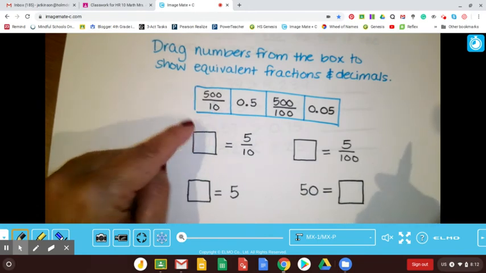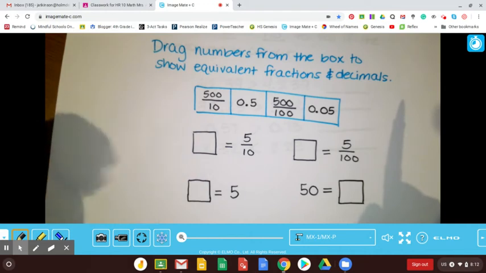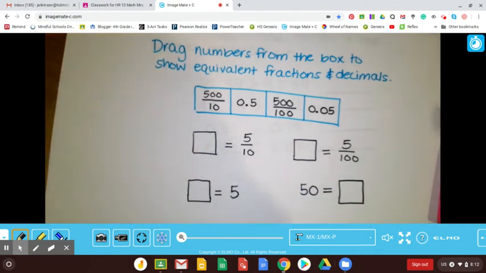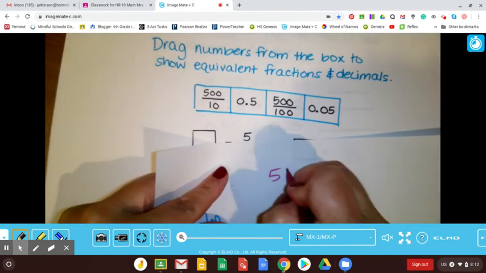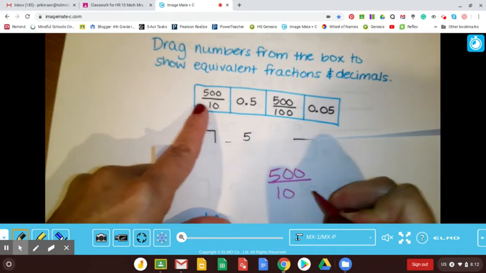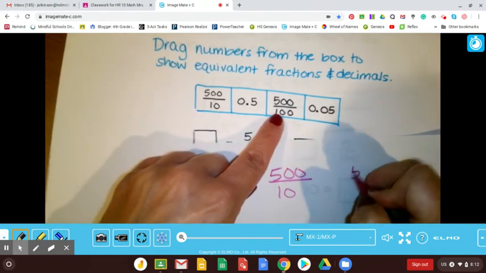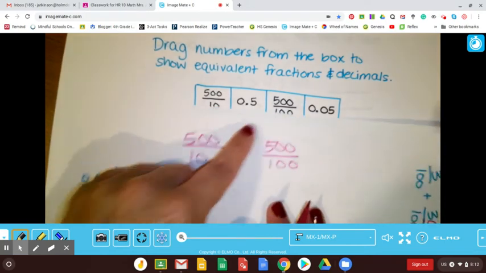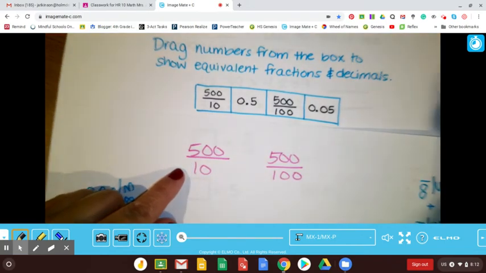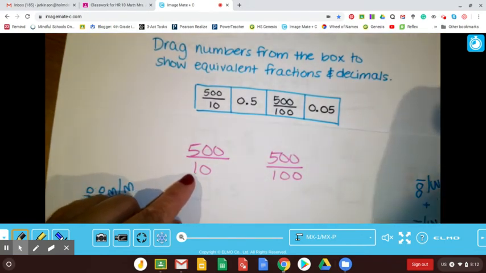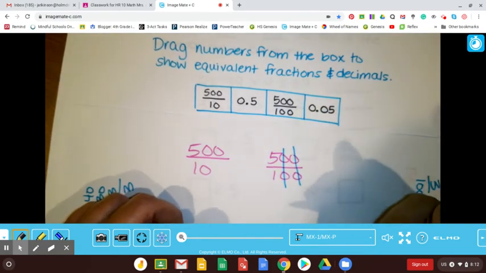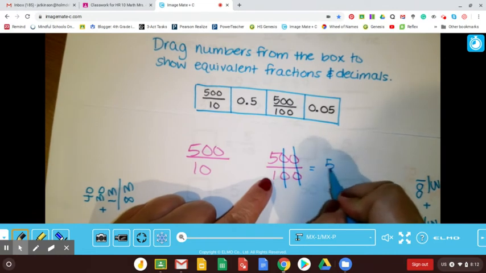And I want to show you kind of a trick that I like to do. I'm actually going to rewrite this problem a little bit. All right, so if I have 500 tenths, which is the same as this guy, and 500 hundredths, which is the same as that guy, look at what I can do with my zeros. I can cross that out and cross those out. And what am I left with? 5 over 1.